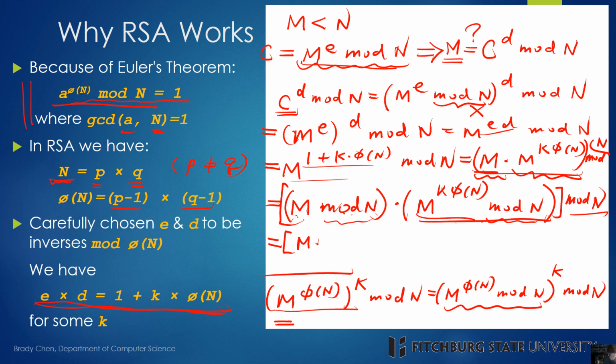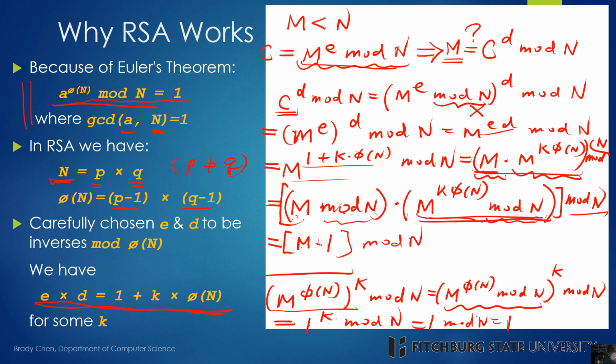So 1 to the k mod n. 1 to the k is 1. So this is 1 mod n. That's 1. So this second term is 1. Mod n.